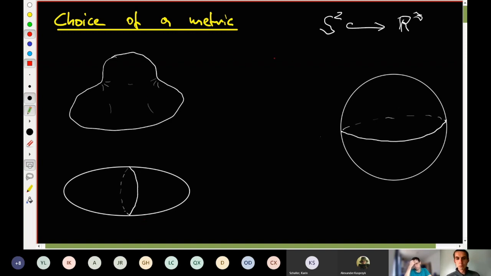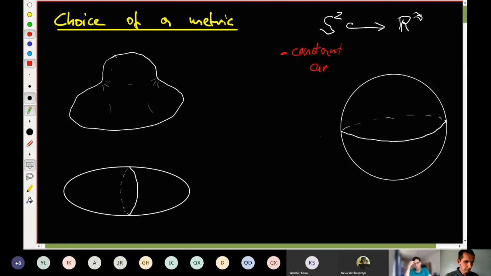And one characteristic property comes from the local invariant of the curvature. So as it turns out, the metric of the round sphere is uniquely given by the property that it has constant Gaussian curvature.